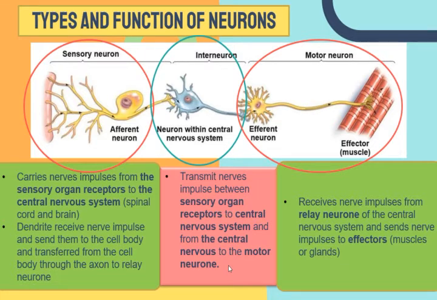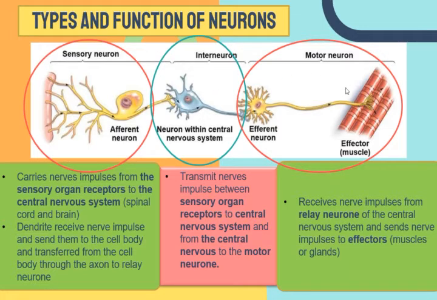Or in other words, you can write that the function is to transmit the nerve impulse from the afferent neuron to the efferent neuron. That is simpler. That is the function of the interneuron or relay neuron.